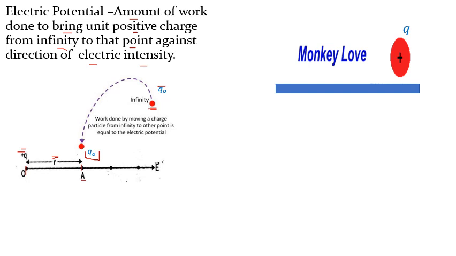Now here, if you see, this is the plus charge Q and this monkey is bringing a unit positive test charge towards this charge Q. Since like charges are here, the force of repulsion is there. That's why this charge is thrown in this direction.